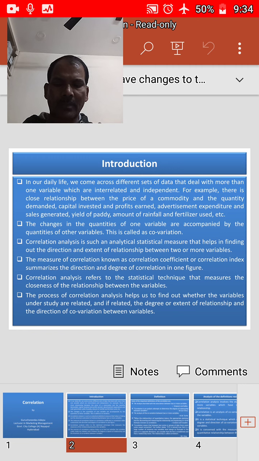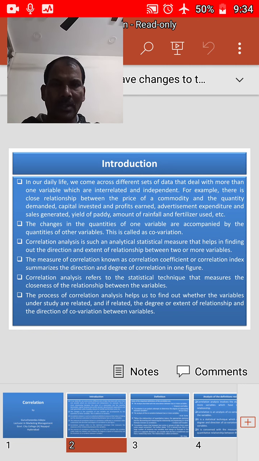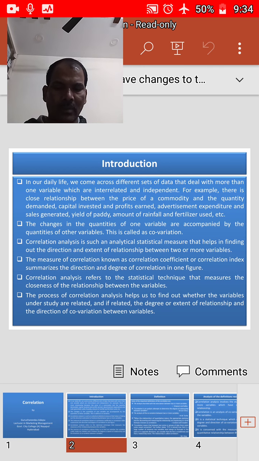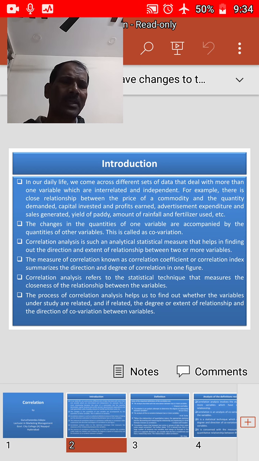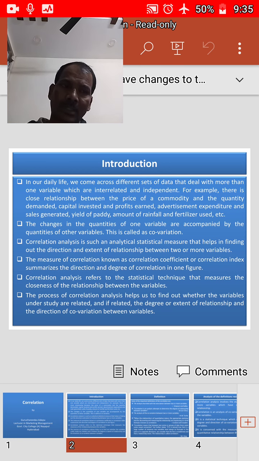In our practical life, that means in our daily life, we come across different sets of data that deal with more than one variable, which are interrelated and interdependent. For example, there is a close relationship between the price of a commodity and quantity demanded, capital invested and profits earned, advertisement expenditure and sales generated, yield of paddy and amount of rainfall and fertilizers used.